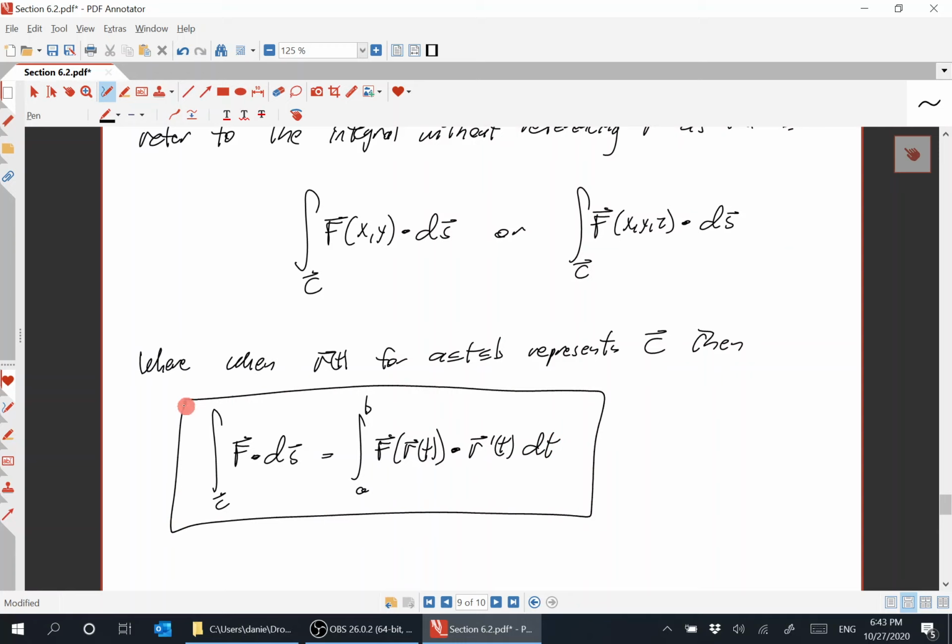So that's how we refer to and encode this line integral.